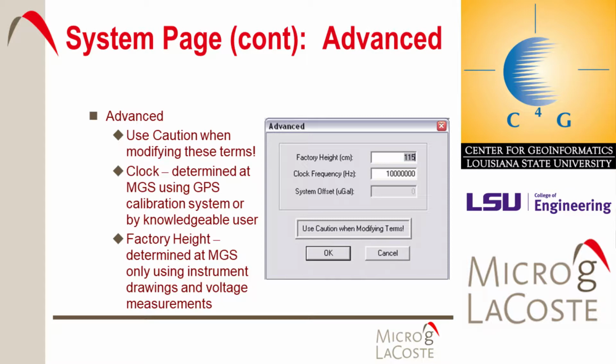To calibrate that clock, we do that at MicroG. Anytime it comes back for service or repair or extended maintenance, we just monitor it compared to a GPS, either rubidium or cesium clock, and we can see what the difference is between a perfect 10 megahertz clock and this clock, and that slip time tells us our frequency.